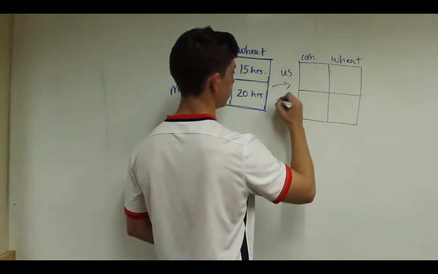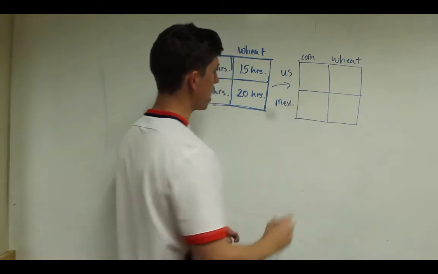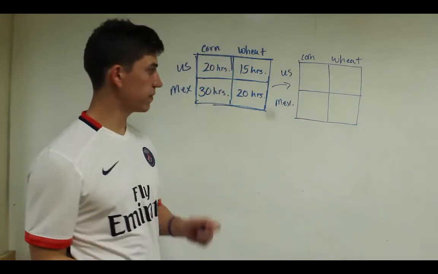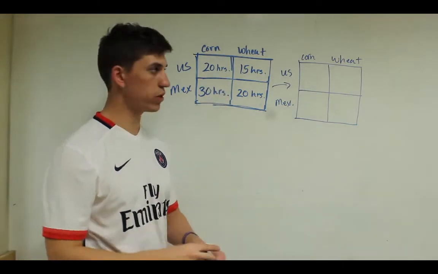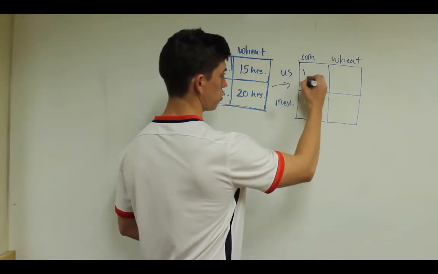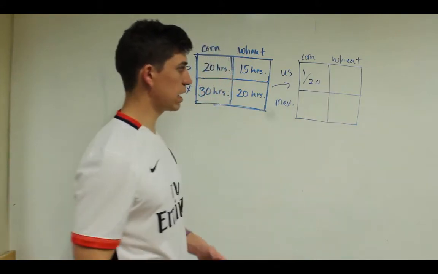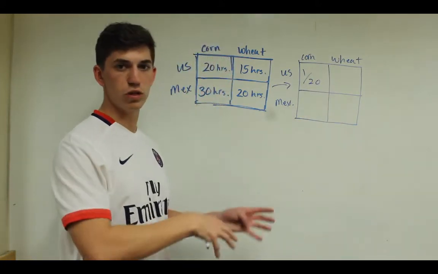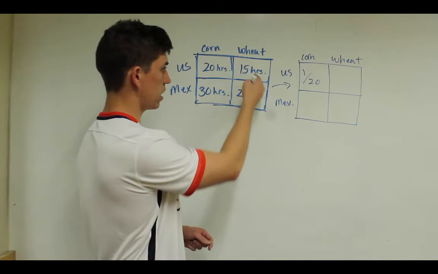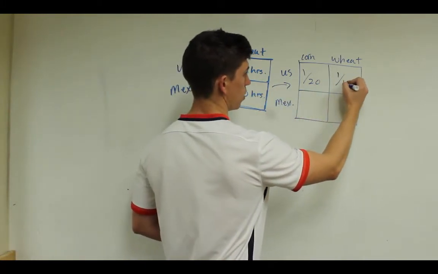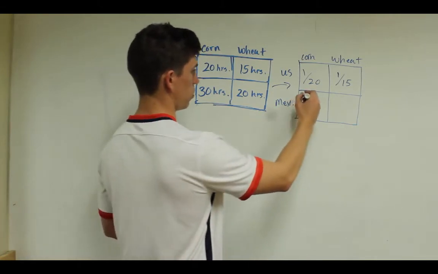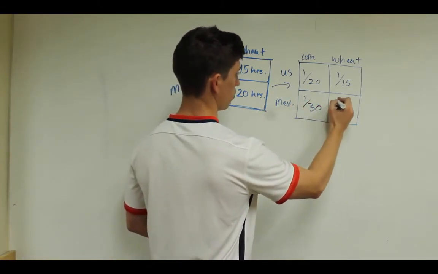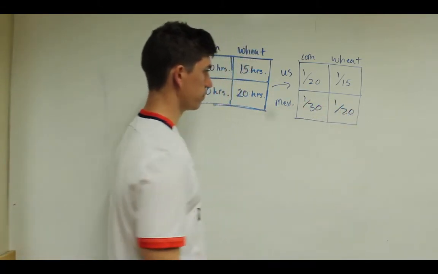Now if we fix it to 1 hour, then if it takes them 20 hours to produce 1 unit of corn, in 1 hour they can produce 1/20 units of corn. Now we're in units of output rather than hours. In 1 hour they can produce 1/15 unit of wheat, 1/30th unit of corn, and 1/20th unit of wheat.